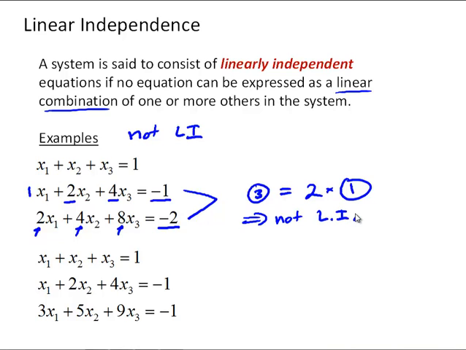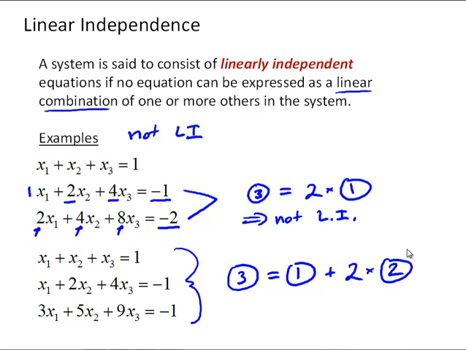Here's another example where we can see that looking at all of these equations together, equation 3 is equal to equation 1 plus twice equation 2.